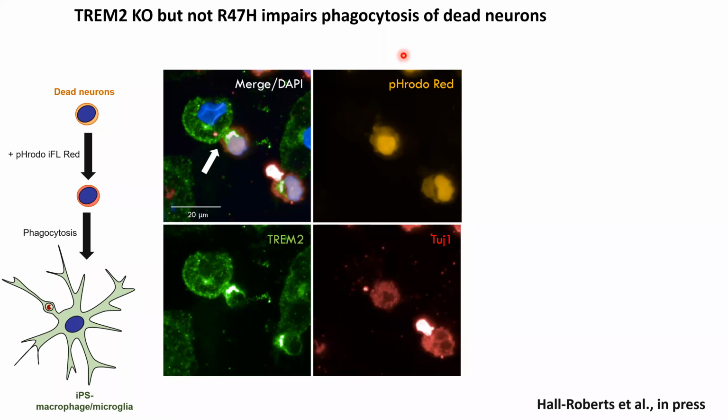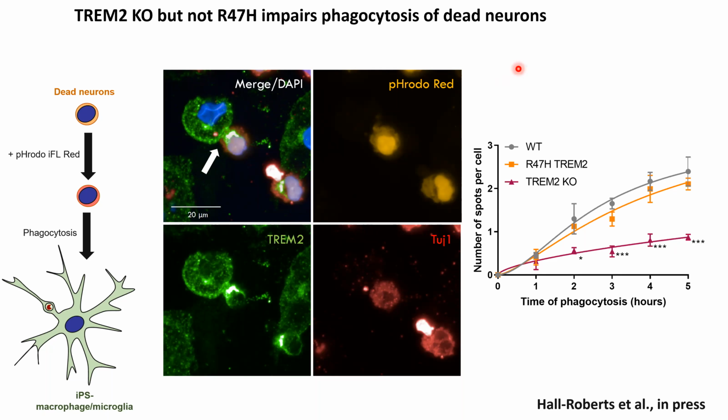And so using a nice assay that she developed, looking at the uptake of Frodo-labeled dead neurons, we could see the association of TREM2 with the phagocytic cups when the cells are phagocytosing, but there is no difference between the R47H mutation and wild type uptake of these dead cells, although the knockout cells do have a reduction in the amount of neurons that they were taking up.